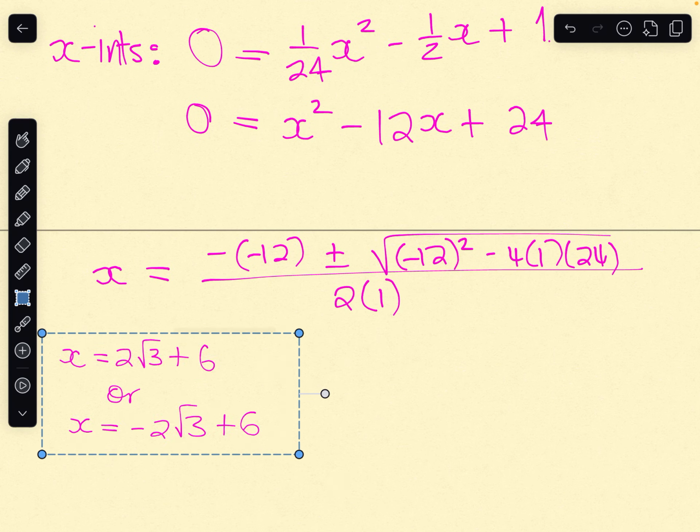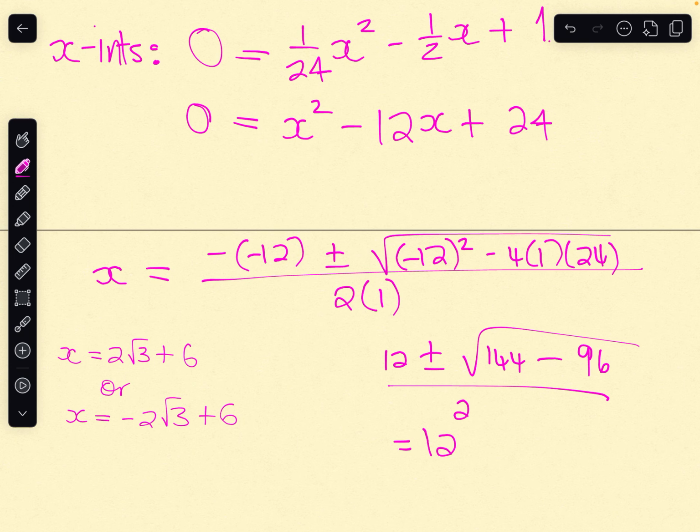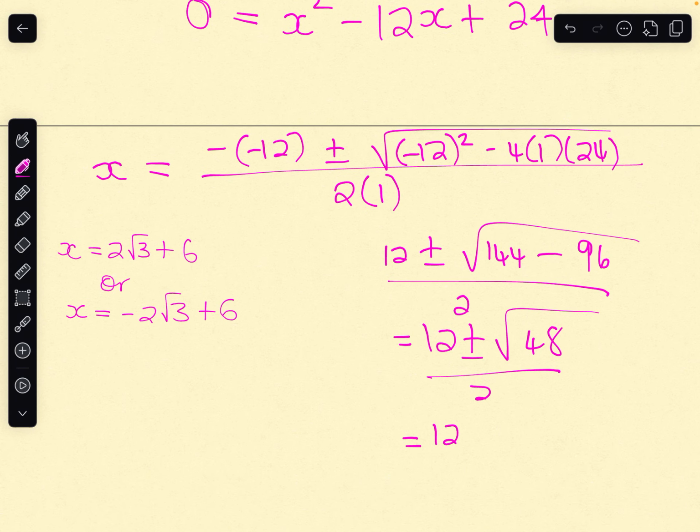So let me just verify for myself. This is minus negative 12, which is 12, plus or minus the square root of negative 12 squared, which is 144. 4 times 24 is 96, and then down here we have 2. Then 12 plus or minus the root of 144 minus 96, which is 48. I can see with my intuition that 48 is the same as 16 times 3.